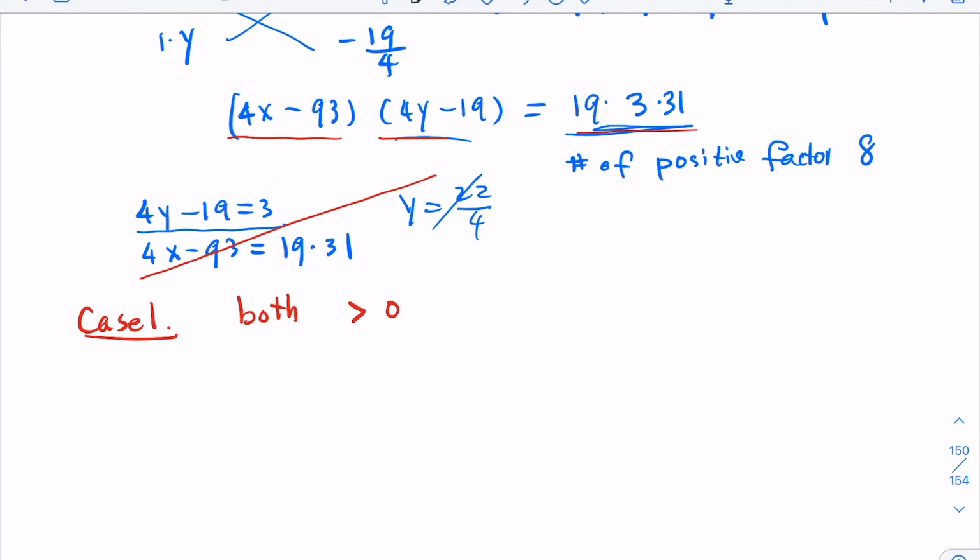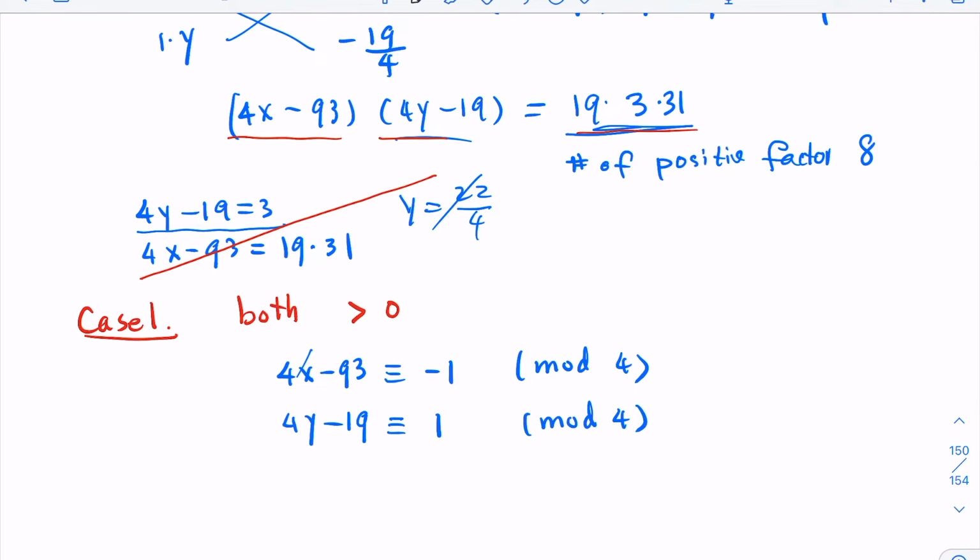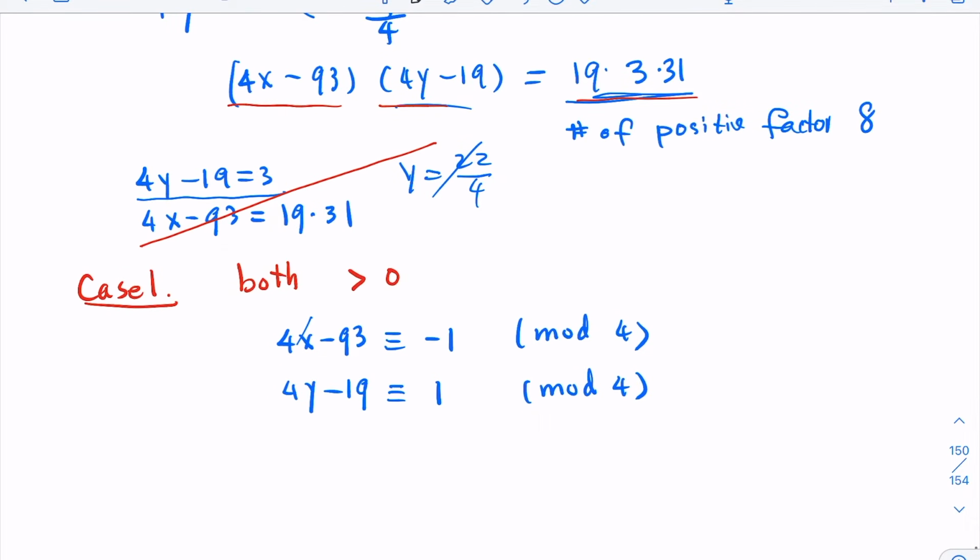When they are positive, let's consider mod 4. So 4x minus 93 mod 4: 92 is a multiple of 4, so that's going to be negative 1. How about 4y minus 19? Only 19 matters, plus 20, you get 1. That's good. Now, how about these factors here?